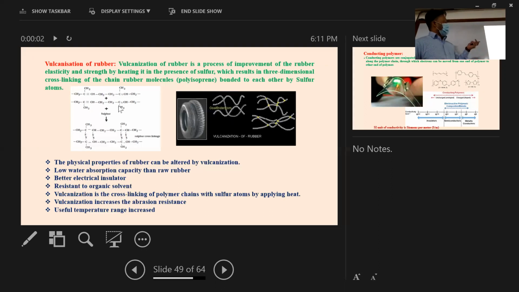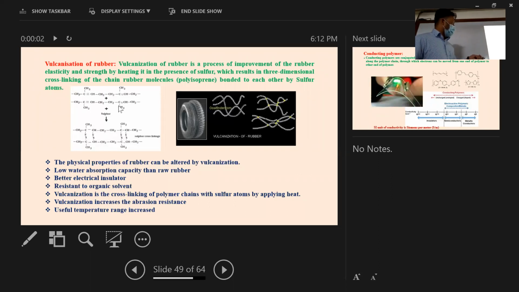So vulcanization of rubber is the process of improvement of the rubber elasticity and strength by heating in the presence of sulfur. To improve the quality of the rubber, we add sulfur, so that when you burn the rubber, you get the smell of sulfur. The physical properties of rubber can be altered by vulcanization, just by adding the sulfur or some other chemicals.